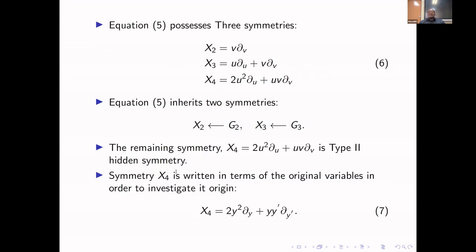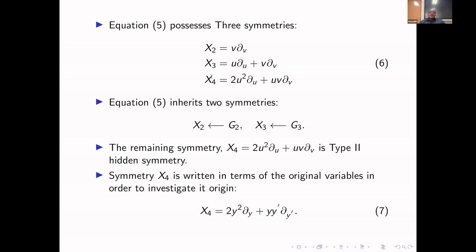Then we conduct the analysis again from the Lie point of view, and we found these 3 symmetries. Now we realize that the first 2 symmetries, X2 and X3, are inherited from the previous one. But X4 is now our hidden symmetry.